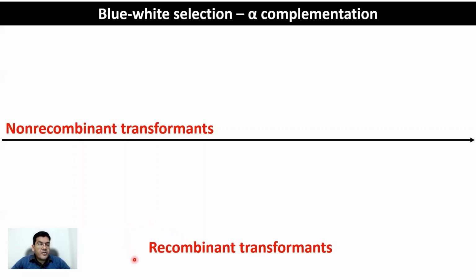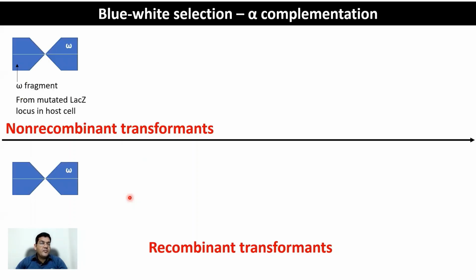And you have the recombinant transformants, where the plasmid carries your DNA of interest within the MCS, which is present within the LacZ prime gene, right? So in case of non-recombinants, the LacZ prime gene is intact and can code for the alpha fragment. In both the non-recombinant and recombinant transformants, the host cell is modified so as to only encode for the omega fragment of beta-galactosidase. So the omega fragment is synthesized in both the transformants.